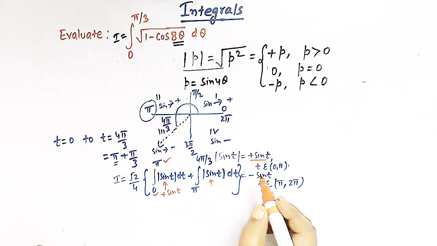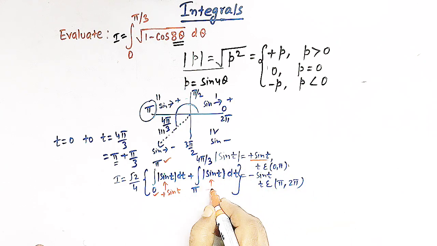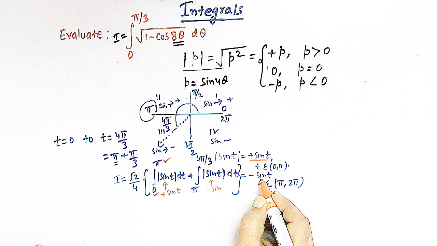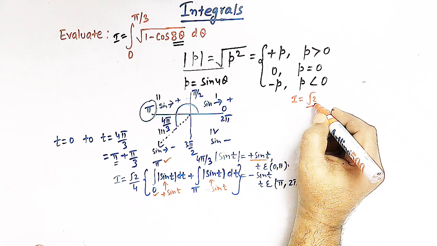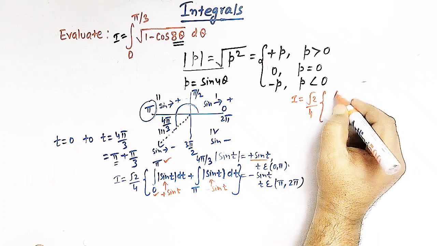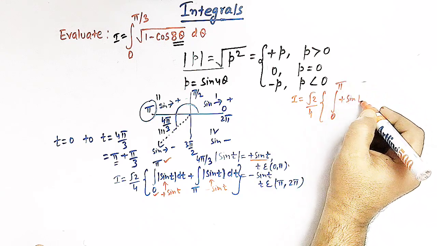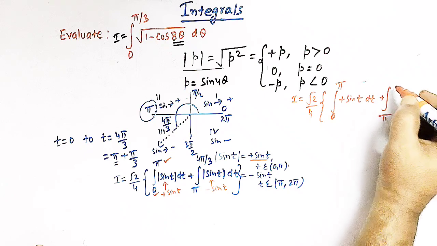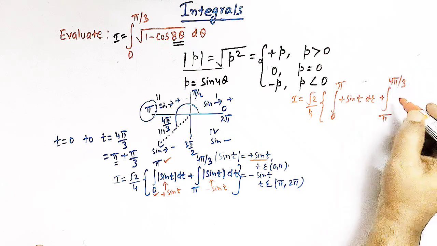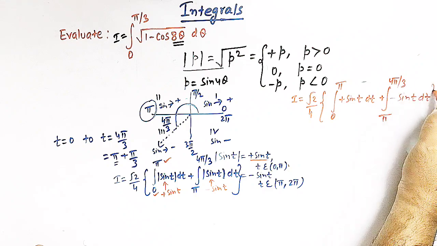So in the third quadrant the sine function is negative, so mod of sine t must be replaced by negative sine t. So now this integral I is equal to square root of 2 over 4, and here we have 0 to pi, then we have plus sine t dt, and here we have pi to 4 pi by 3, and here we have minus sine t dt.